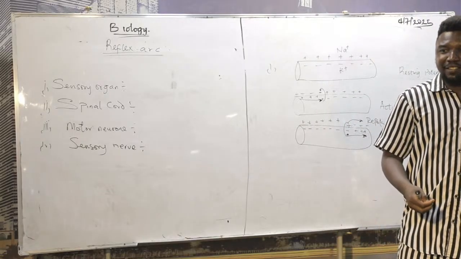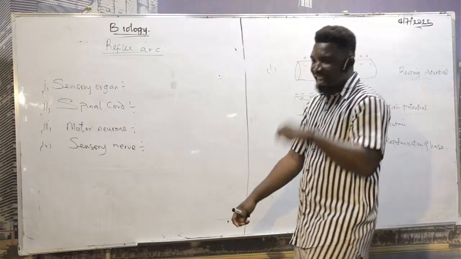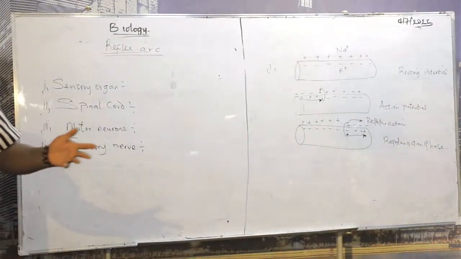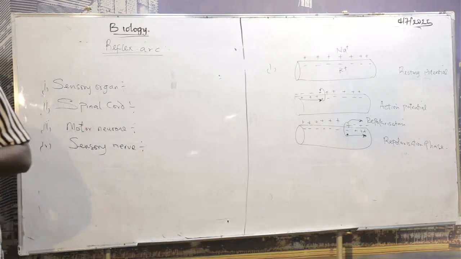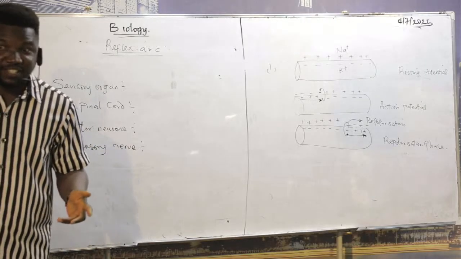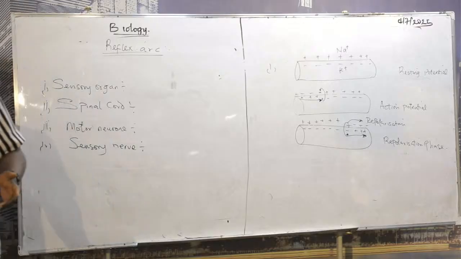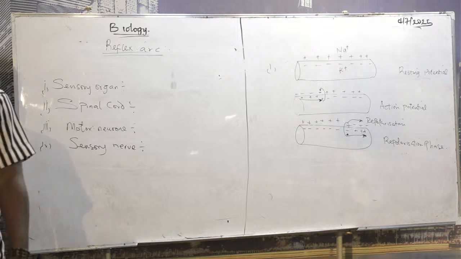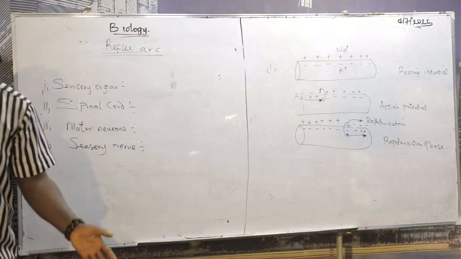Do you understand? Another example: you are someone with pride, you tell people you are stronger than the strongest. Then you hit your leg against something. At that point you're supposed to retract your leg and shout.